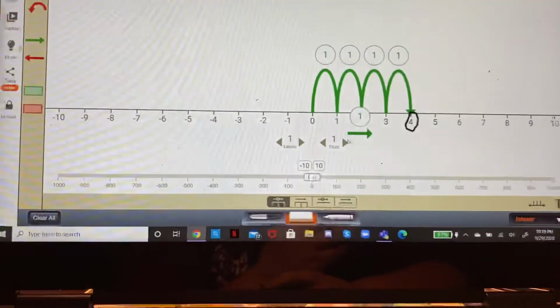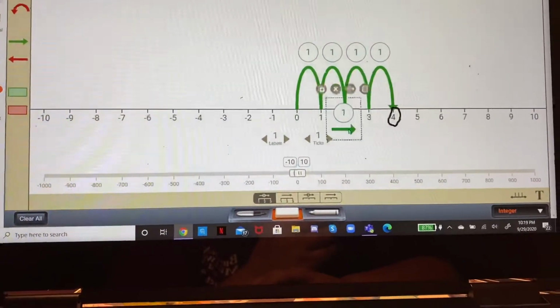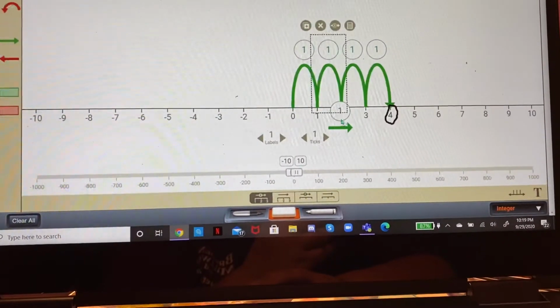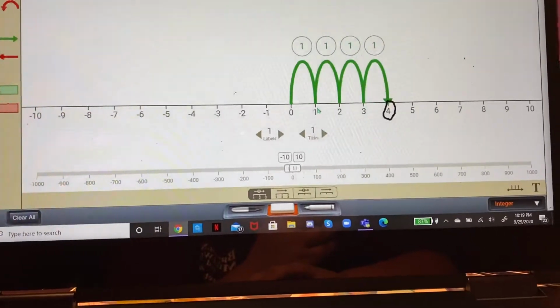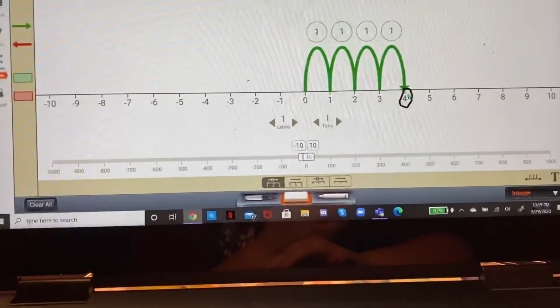And that makes 4. And the magnitude would be 1, 2, 3, 4 to the number 4.